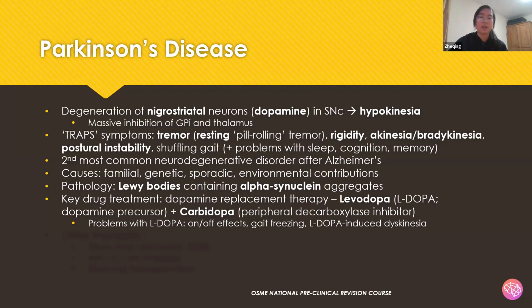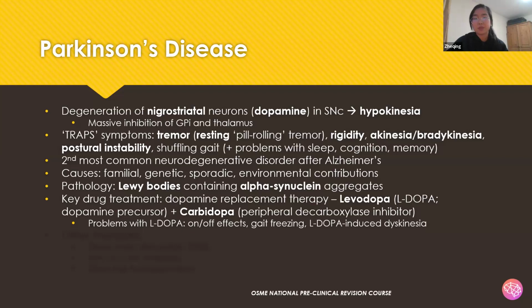Dopamine can't pass through the blood-brain barrier, so you cannot just give the patient dopamine. You have to give them L-dopa, which is a dopamine precursor, so it can get through the blood-brain barrier, and then it's converted to dopamine, which exerts the effects, replacing dopamine in the brain.